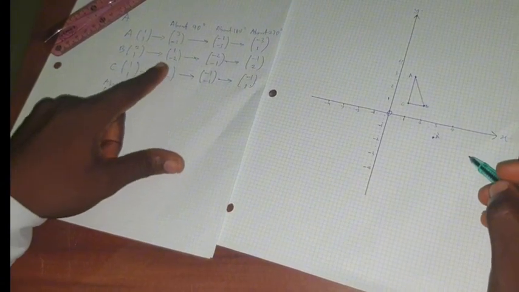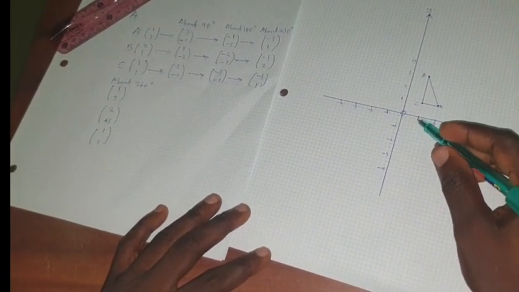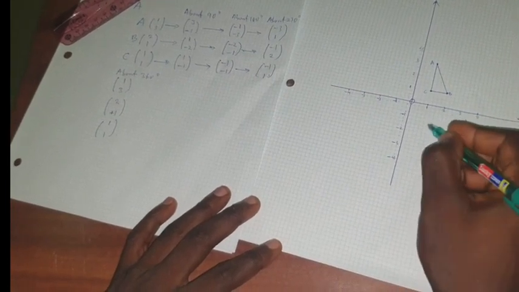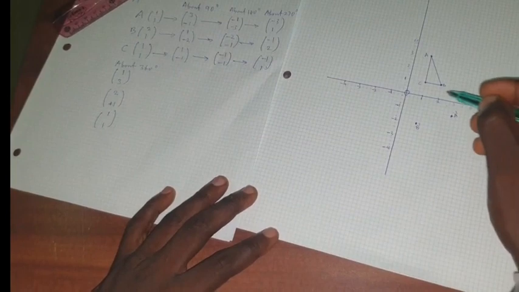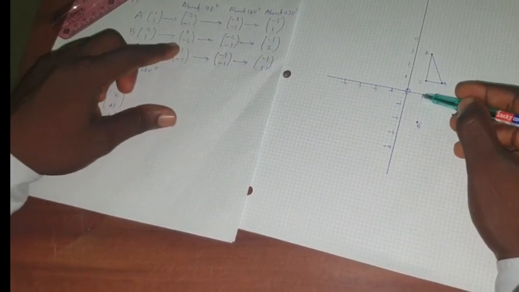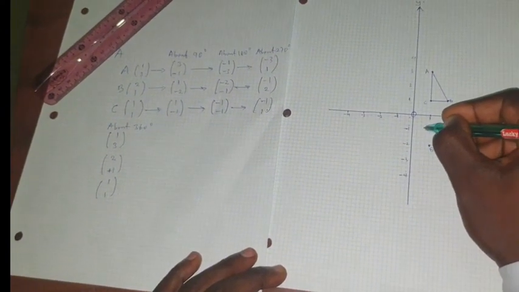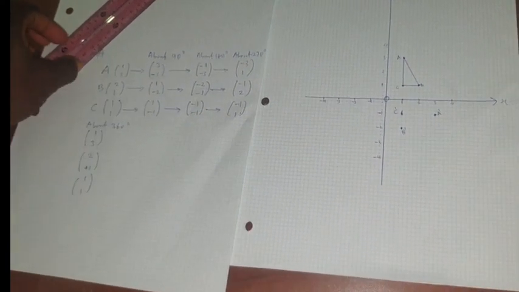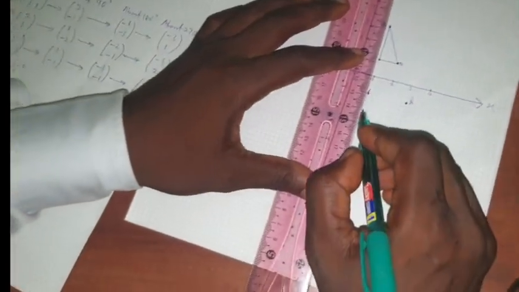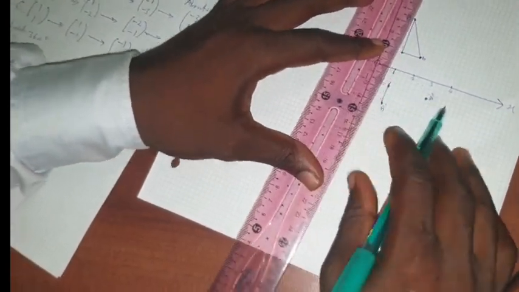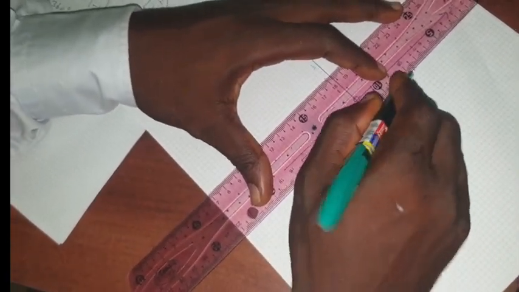Then for point B prime, 1, minus 2, and point C prime, 1, minus 1. So you join the points. This is the 90 degrees rotation.